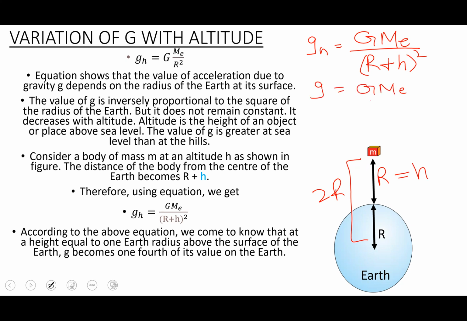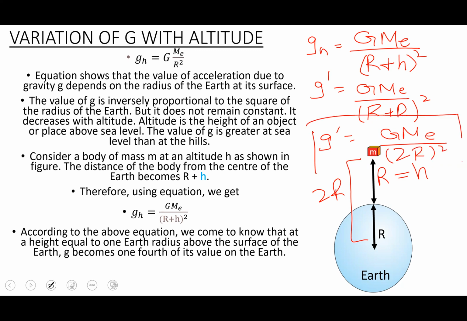GM_e over (R plus R) whole square. So let us change this value of g now. It is changed from the original value. So g dash is equal to GM_e divided by (2R) whole square.